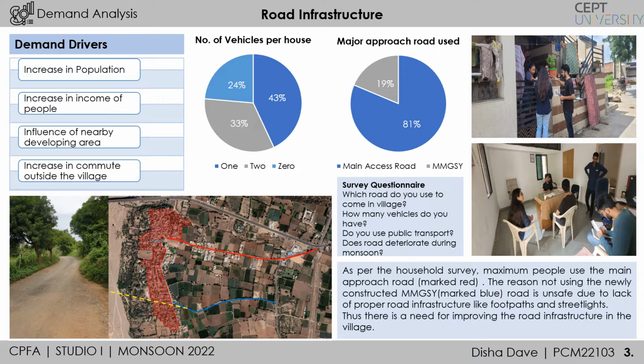But due to lack of infrastructure facility on this road, people are not using this road, which was identified from the household analysis done. Therefore, demand analysis helped to identify the current issues and the demand of the people living and residing into the village, and thus the scope of work could be identified.